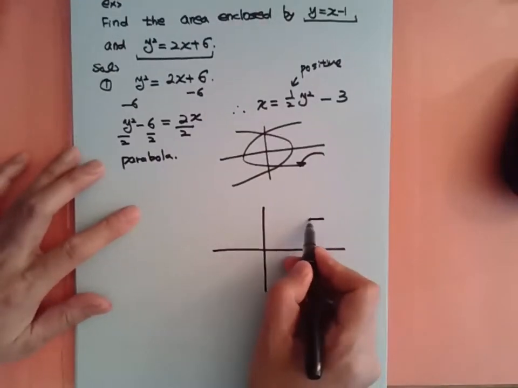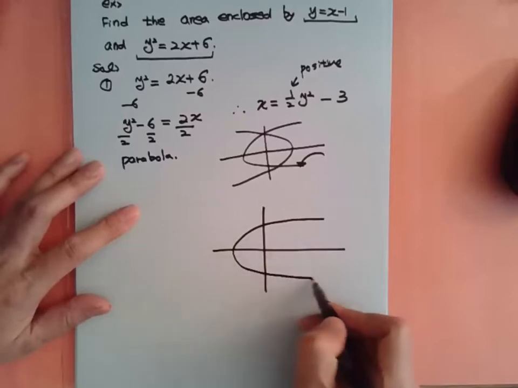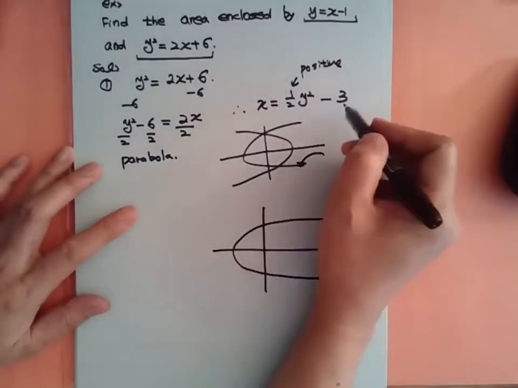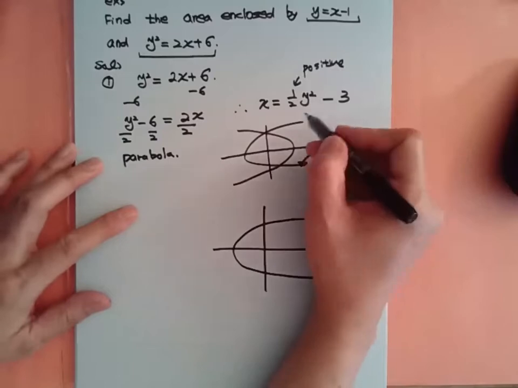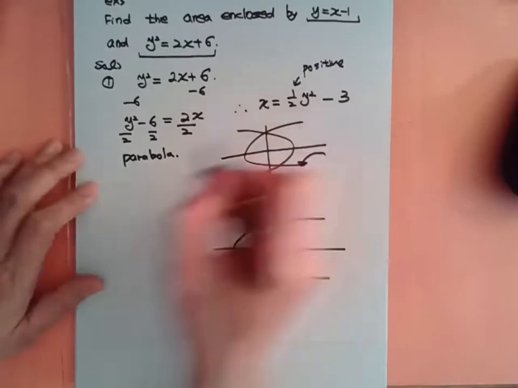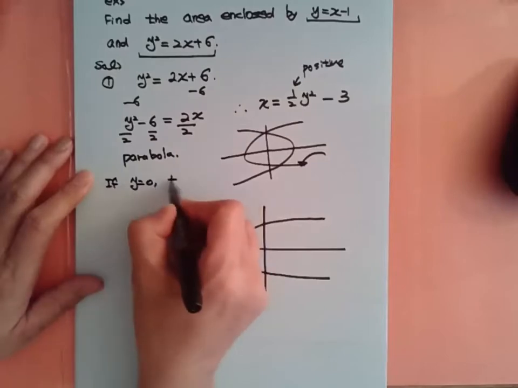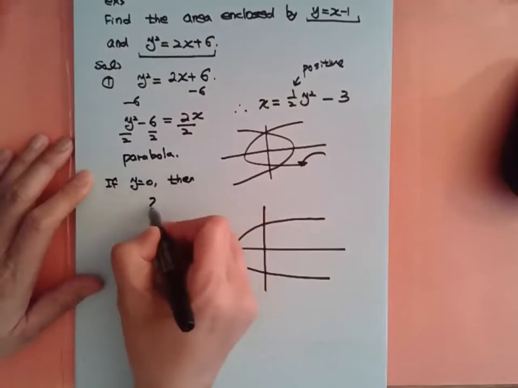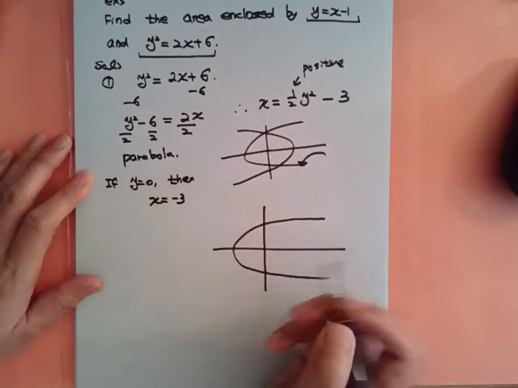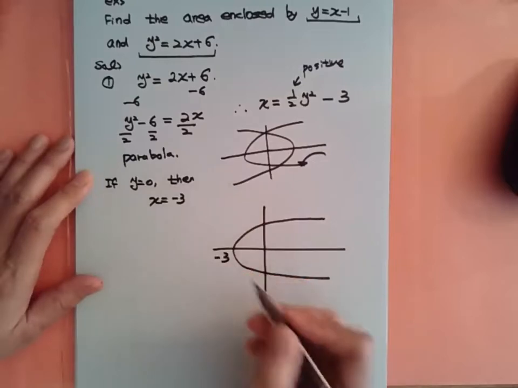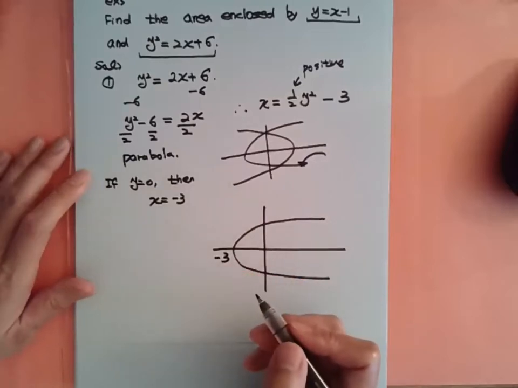So the graphical shape looks like this. And what we know is when y equals 0, then x equals minus 3. So the x-intercept is minus 3 right here.